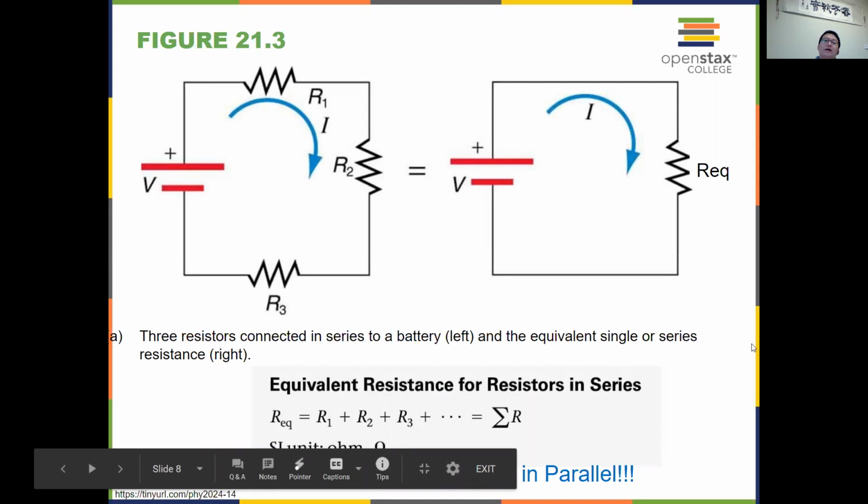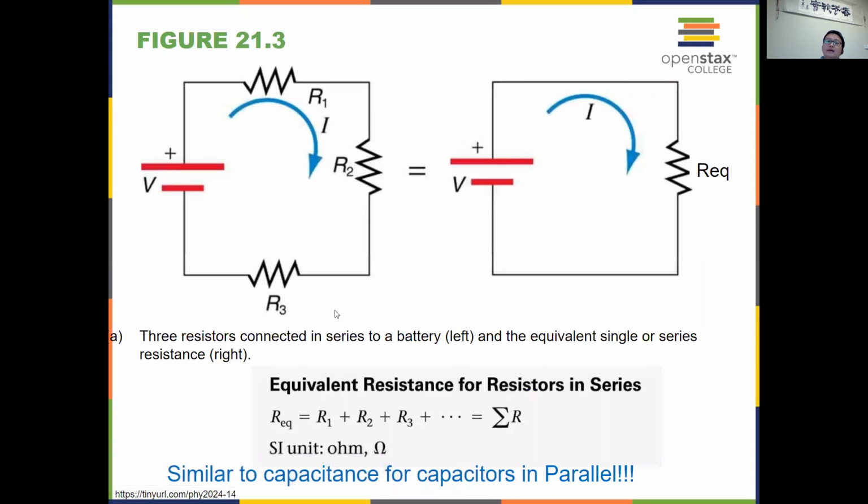Now let's take a look. If you have several resistors in series, in this case R1, R2, and R3, connecting them one after another, and this combination is powered by a battery over here, then the combination of the resistors can be represented by a single equivalent resistor.